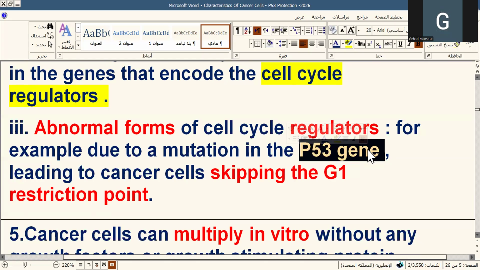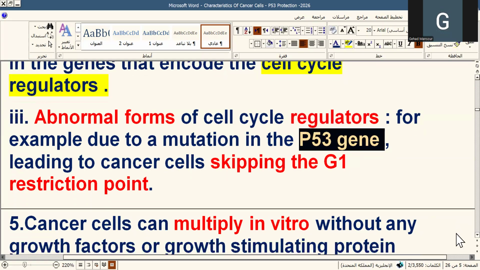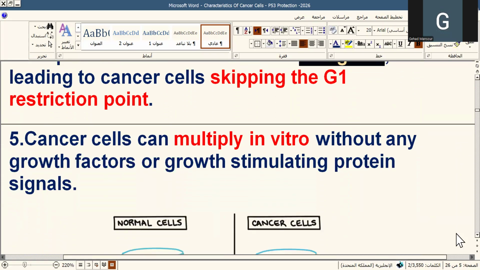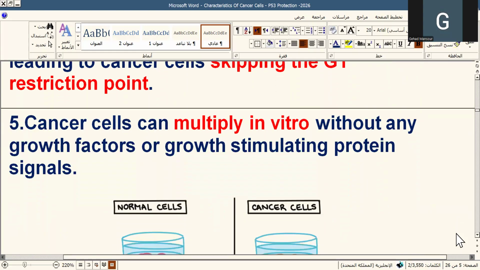If the gene that encodes that inhibitory protein is itself mutated, then the inhibitory protein will have very little activity or no activity at all, so it will not be capable to arrest the cancer cells and the cancer. And this explains why the cancer cells will be capable of skipping the G1 restriction point of the cell cycle.